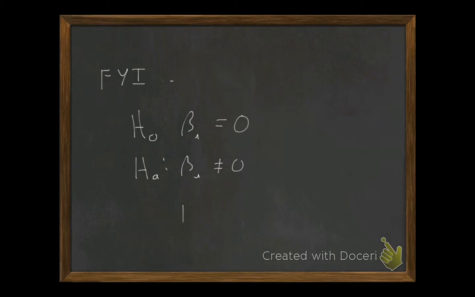We can test it using the F statistic, or we can test it using the T statistic. And of course the relationship here is that the t-square value will be equal to the F value using the appropriate degrees of freedom.